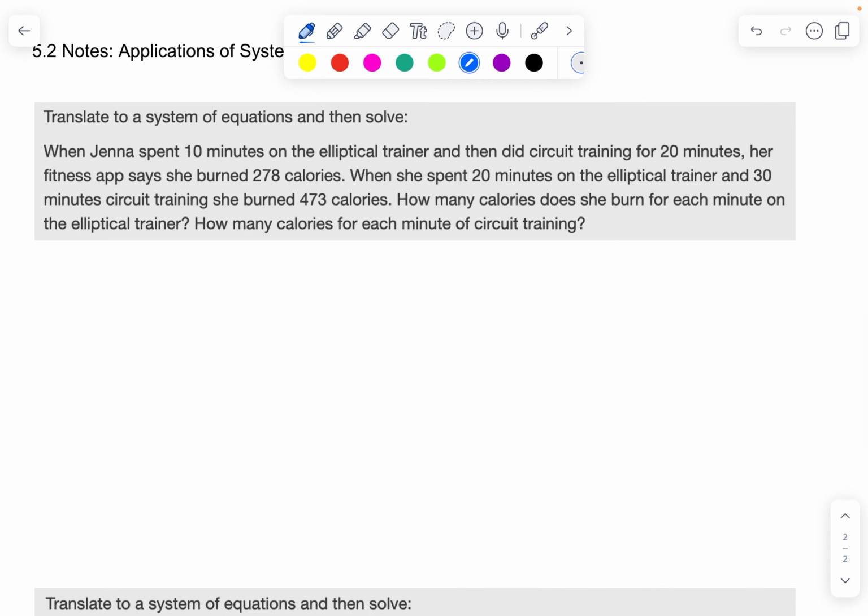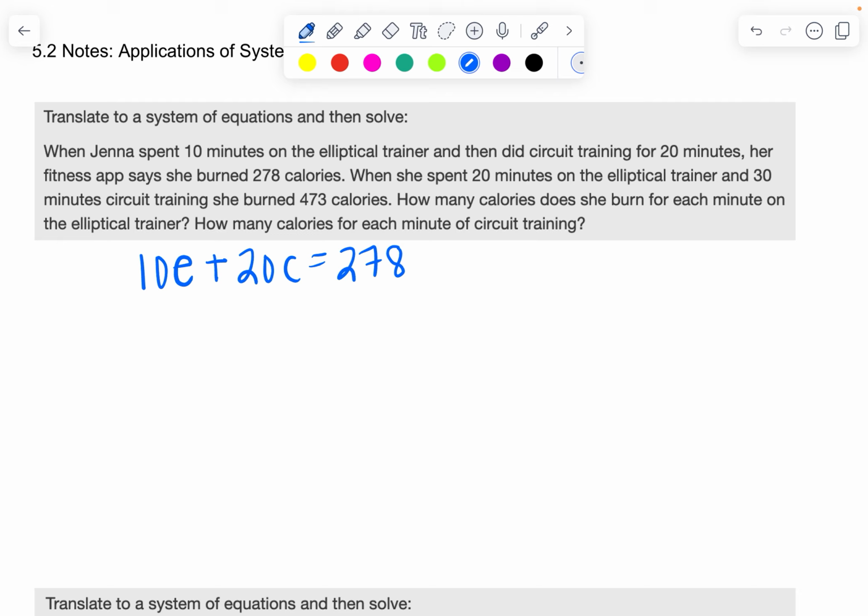When Jenna spent 10 minutes on the elliptical trainer and then did circuit training for 20 minutes, her fitness app said she'd burned 278 calories. So 10 minutes on the elliptical plus 20 minutes circuit training burned 278 calories.